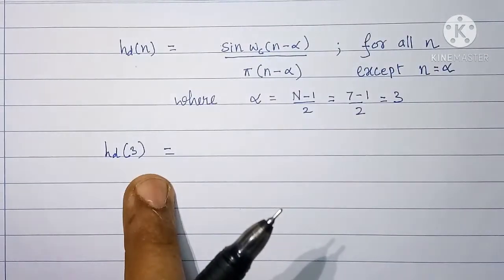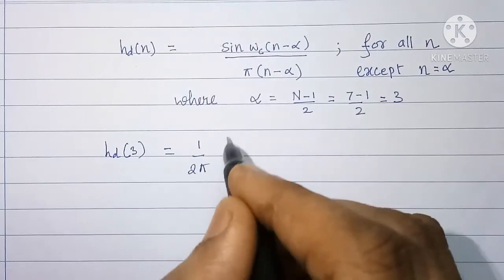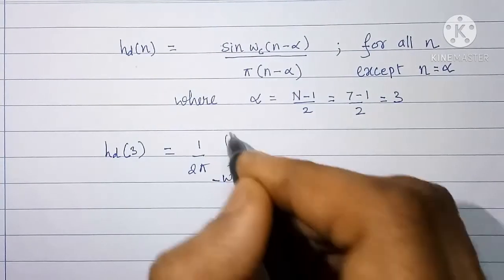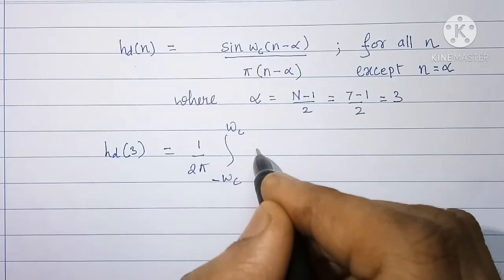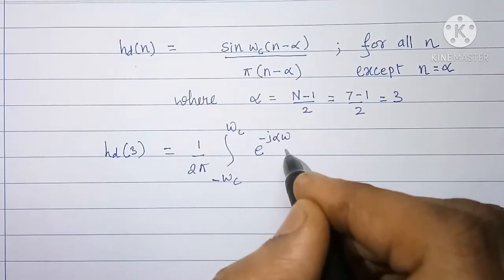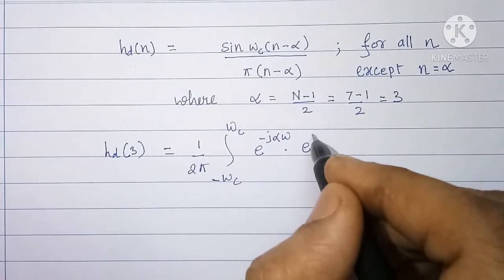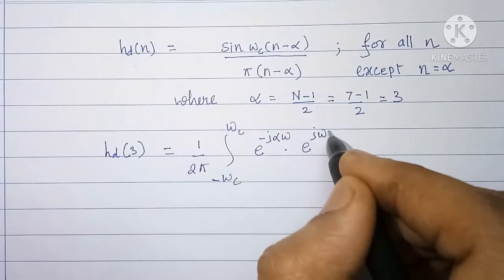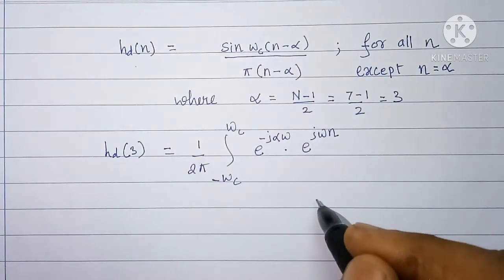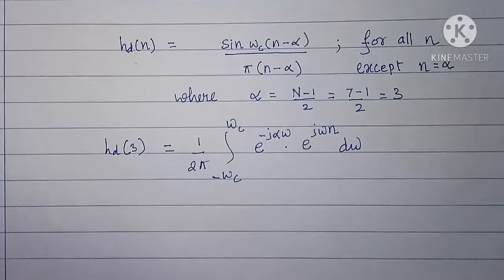We have to go to the initial step, that is 1 by 2 pi integration from minus omega c to plus omega c of e raised to minus j alpha omega into e raised to j omega n into d omega.